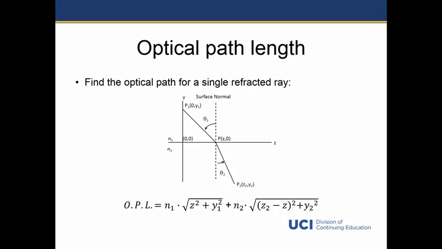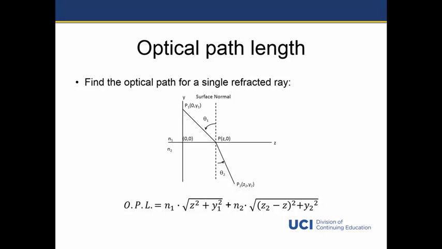And again, notice after refraction, because I have an index boundary, the path angle changes. The optical path is simply the index of refraction times the length of the ray path in the medium, plus this index of refraction times this ray path through the medium. And again, a little bit of trigonometry allows us to determine what those paths are.